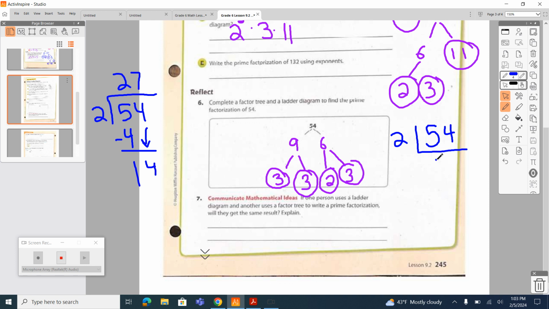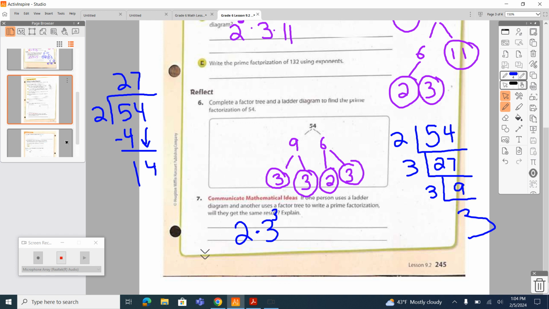So 27 is not divisible by 2 because it's not even, but it is divisible by 3. I think it'll leave us 9. And 9 is divisible by 3, which is 3. So now we have our same numbers here. Either way, we only have a 2, and we have 3 cubed, or 3 to the power of 3. And either way, whether we do our ladder diagram or we do our prime factor tree, we get the same answer.